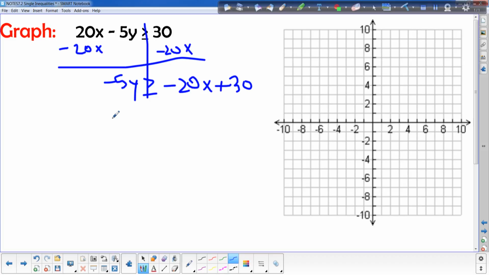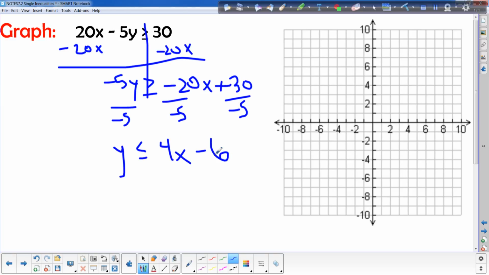But now I have to divide by negative 5. When I divide by negative 5, I have to divide everything by negative 5. And because I divided by a negative, I have to flip the inequality to a less than or equal to.